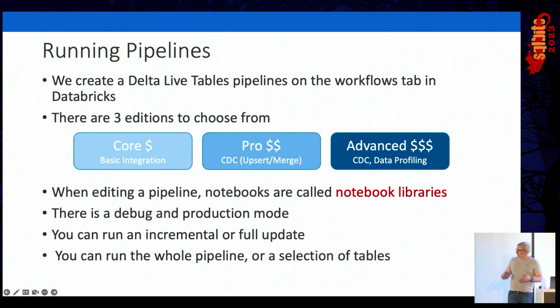But they've actually decided to call them notebook libraries, which is a slightly confusing terminology. They're notebooks. And if you add multiple notebooks in, and you have different tables that depend on each other with the live keyword, it will basically pull them all together and still work out the dependencies across those. So you can break your notebooks out into multiple pieces to just make it more obvious as to what's going on.